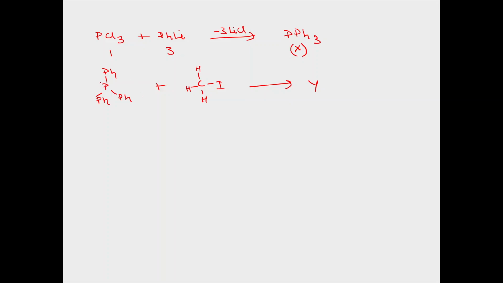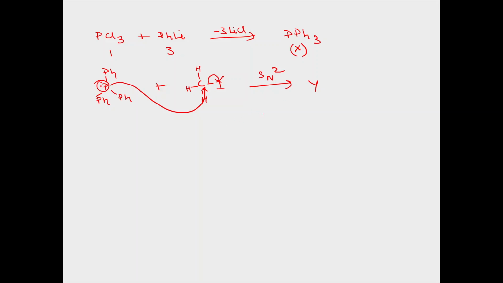In PPh3, there is a lone pair present on this phosphorus. So this lone pair can attack this carbon of CH3, and this is an SN2 reaction.